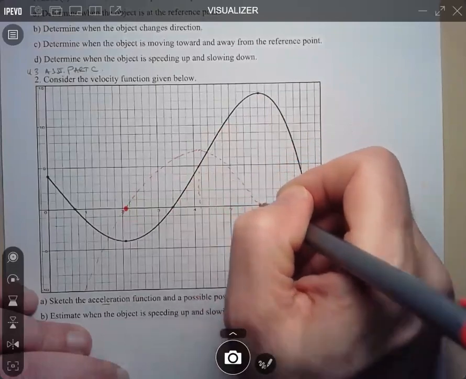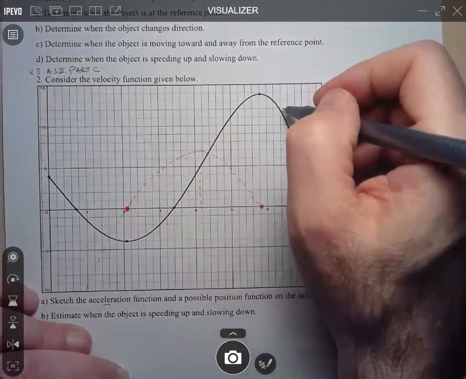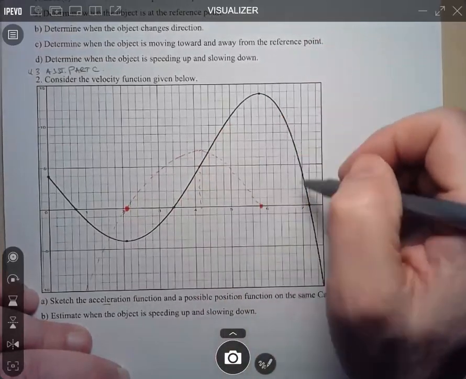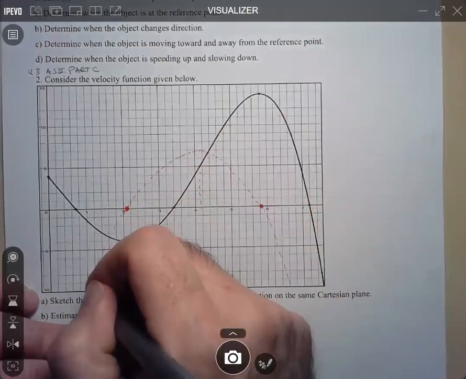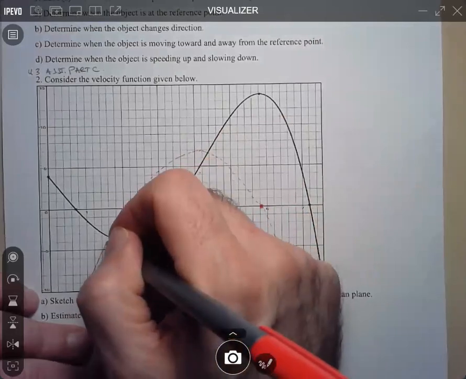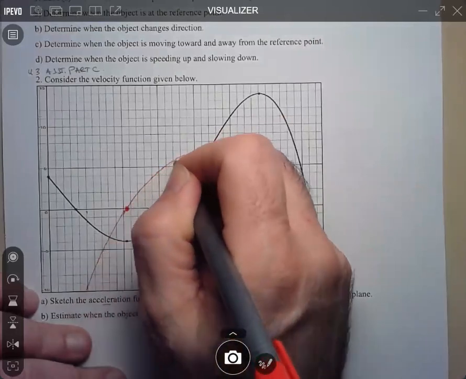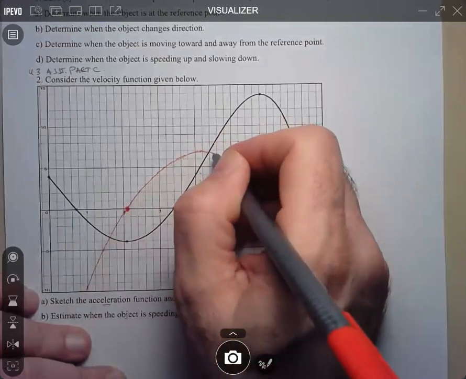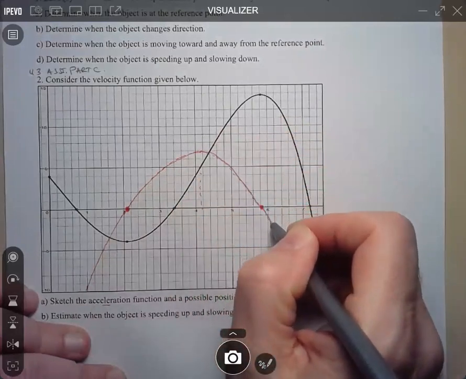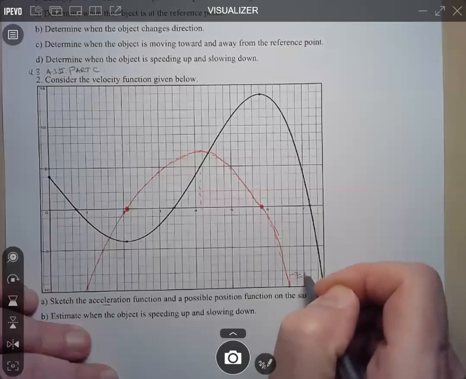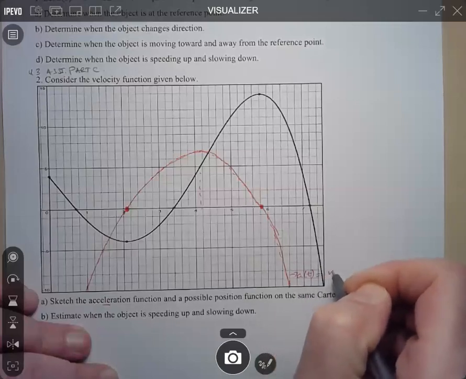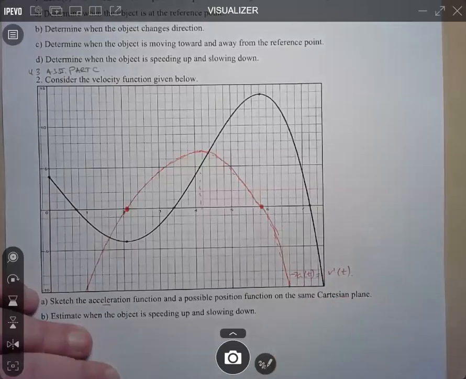Something like that. And then the slopes of the tangents are getting negative and more negative. So this here would be an idea of what the acceleration function would be. This is the acceleration function, which of course is the derivative of the velocity function.